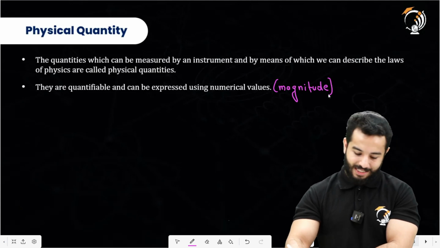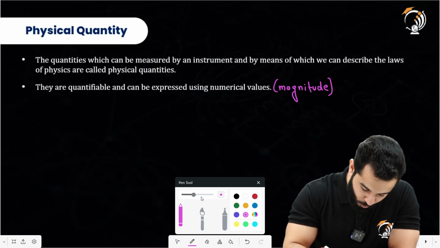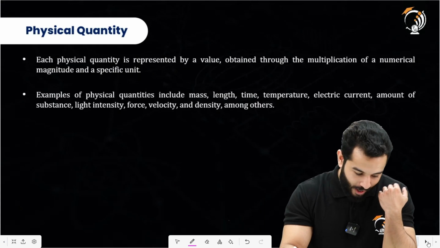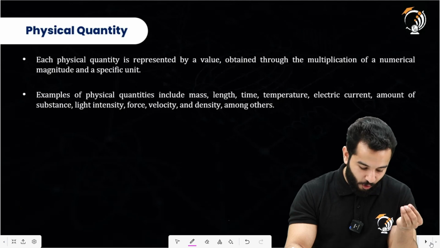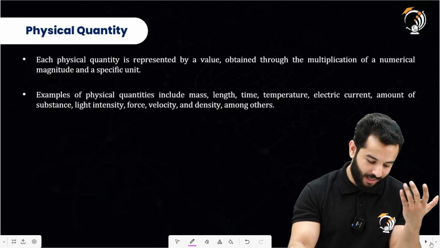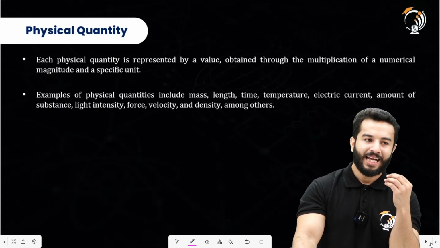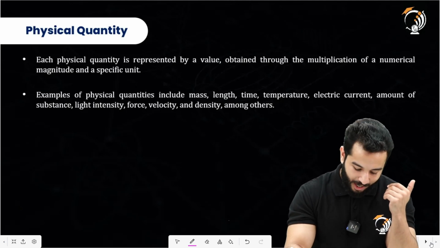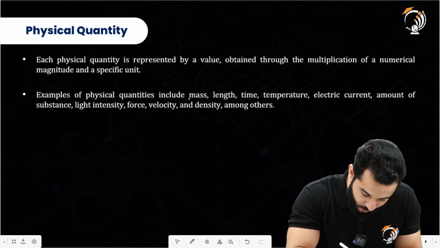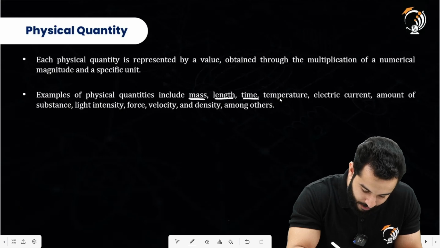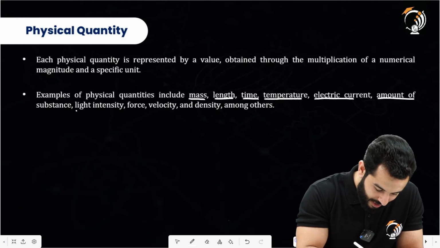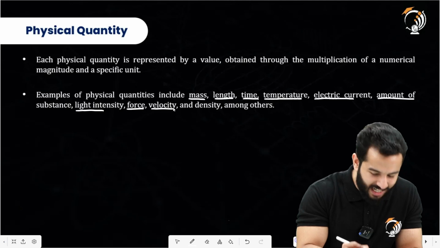All right, with this, let's move to the next topic. When we talk about physical quantities, we have already said that a physical quantity is represented by a value obtained through multiplication of a numerical magnitude and a specific unit. Let's talk about certain examples. I have got various examples over here: mass, length, time, temperature, electric current, amount of substance, light intensity, force, velocity, and now you get the point.